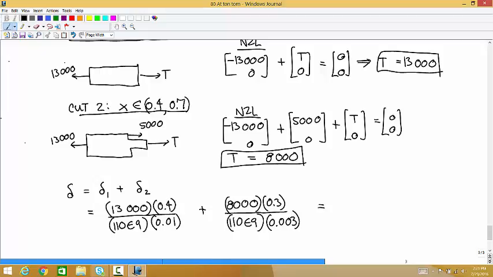And if you add those two up, you get a total elongation of 1.2 times 10 to the minus 5 meters. It's positive, so it elongates. Any questions about that?